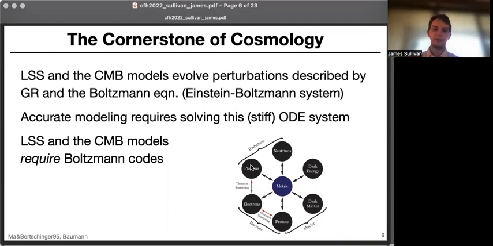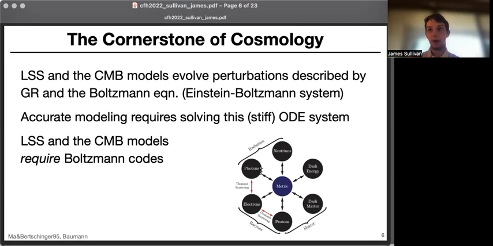In particular, it describes the evolution of these different species shown in this cartoon here that are of cosmological interest, such as neutrinos, photons, baryons, and the metric. And all of these species are coupled to each other by GR through the metric, but they also have their own interactions between some of them.